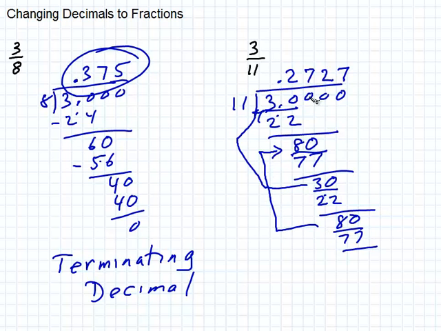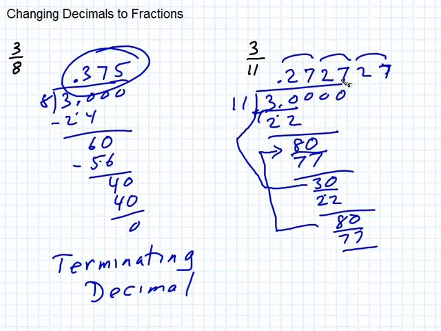Okay? And we're going to get the same cycle of results. We're going to go from 30, and then 80, and then 30, and then 80, and then 30, and then 80. And so the digits in the answer are going to be 0.27, and then 27, and then another 27. So here we're going to get repeating digits. We have a repeating block.